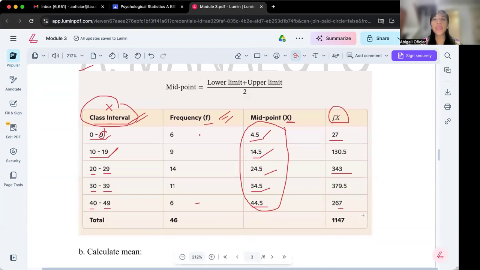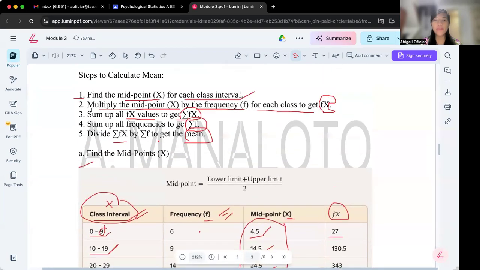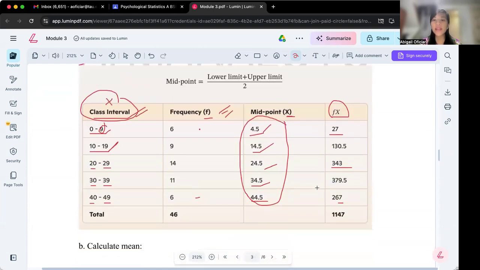Then the next step is to sum up the values of the fx. So this is the summation of fx. Once you add all of this, you'll get 1,147, and that's the summation of fx.